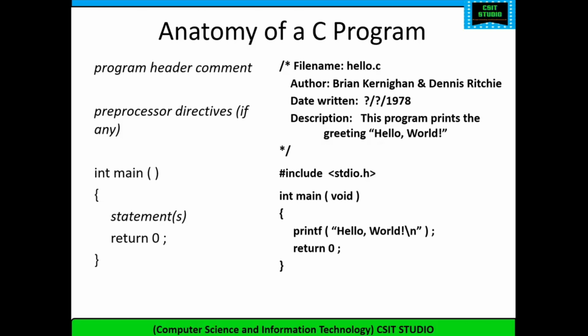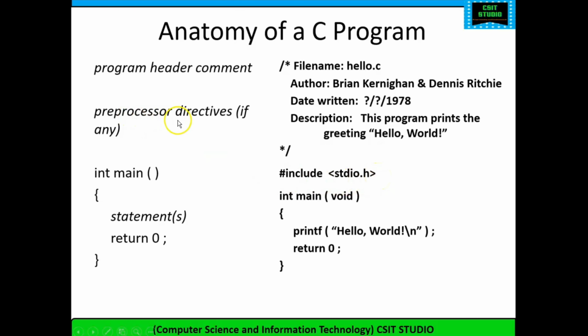Any C program will look like the left-hand part of this slide. Ideally it should begin with a program header comment. This comment basically helps the reader to understand the program. Then some preprocessor directive if required, like this statement #include stdio.h.